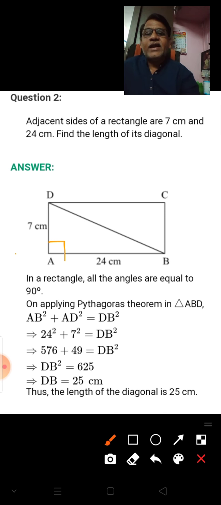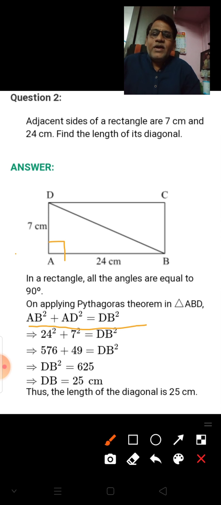In this triangle DAB, angle DAB is 90, so we can apply the Pythagoras theorem to this triangle. On applying Pythagoras theorem in triangle ABD, AB square plus AD square is equal to DB square. This is by Pythagoras theorem.